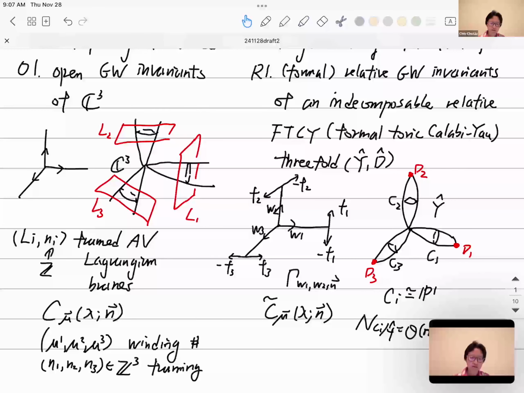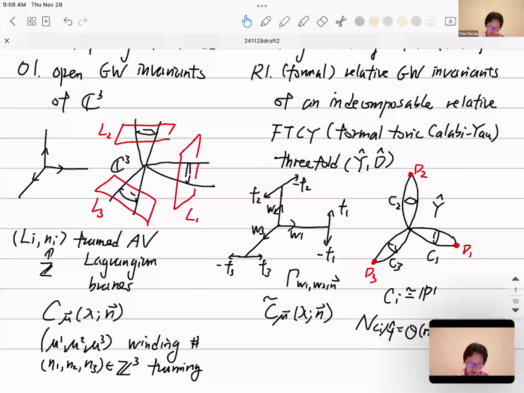And this generating function is denoted when we fix the framing and fix this triple of partitions, and we sum over all the possible topological types of the domain. So the existence of this generating function of invariants is predicted by Aganagic, Klemm, Marino, and Vafa.